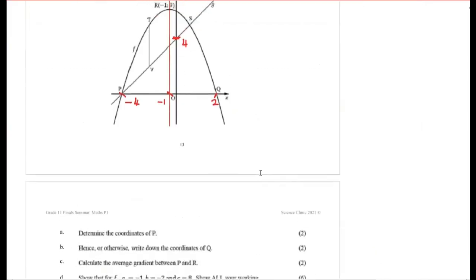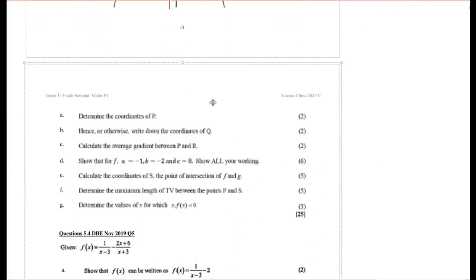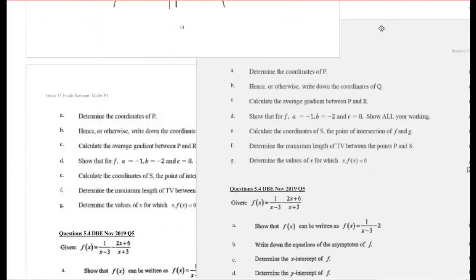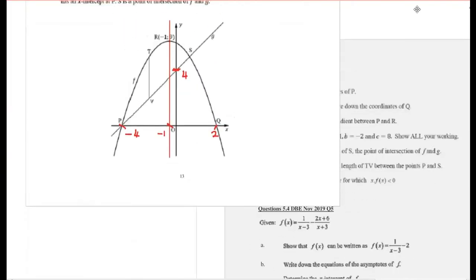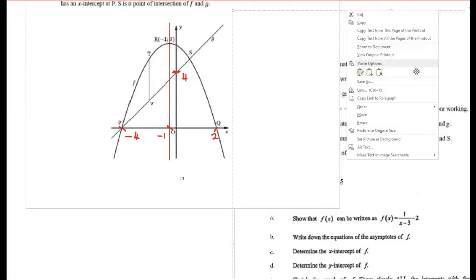Right, your turn. All right, so unfortunately, it's not on the same page. Let me see if I can be clever here. Oh, look at this. I wonder if this is going to work. So I'm trying to bring it to the front.